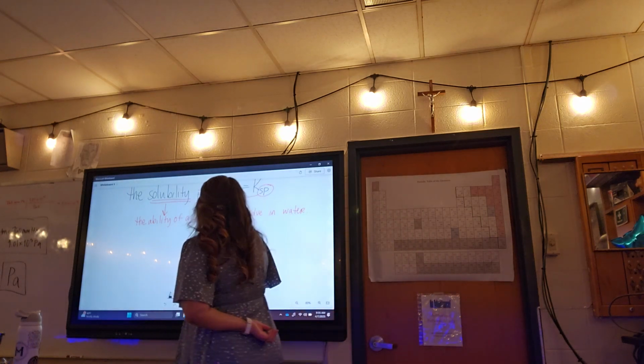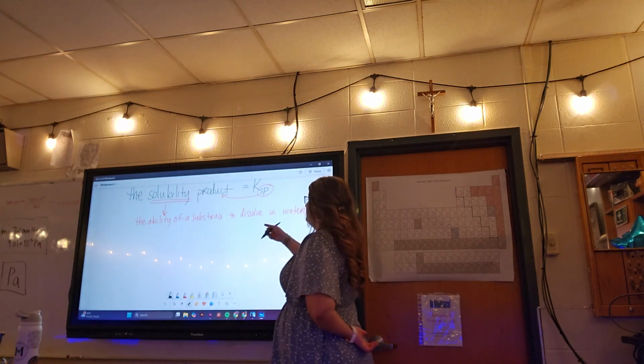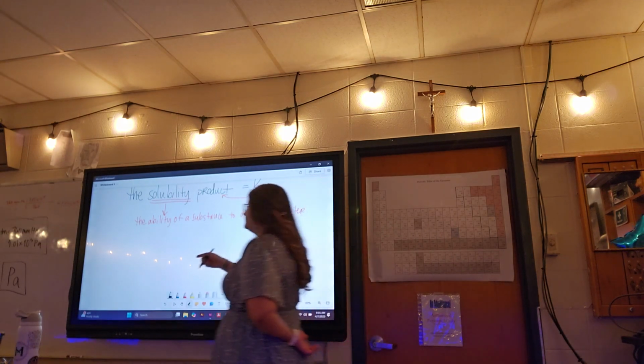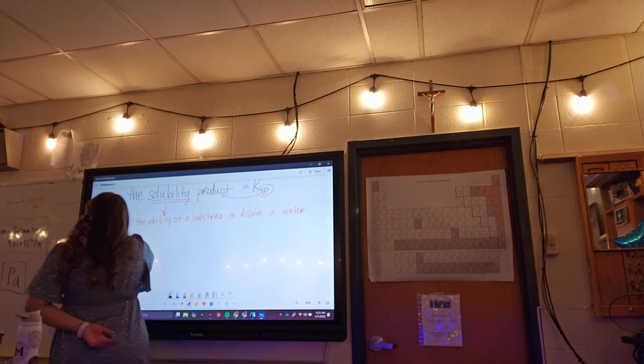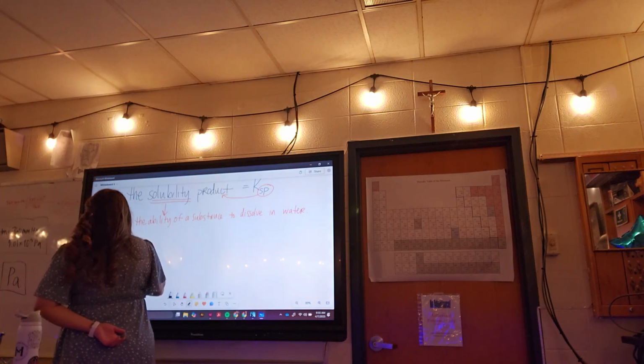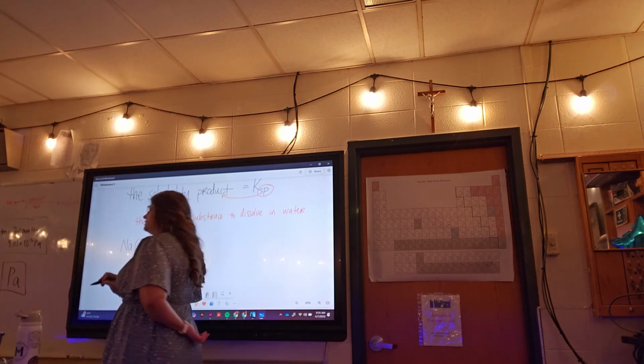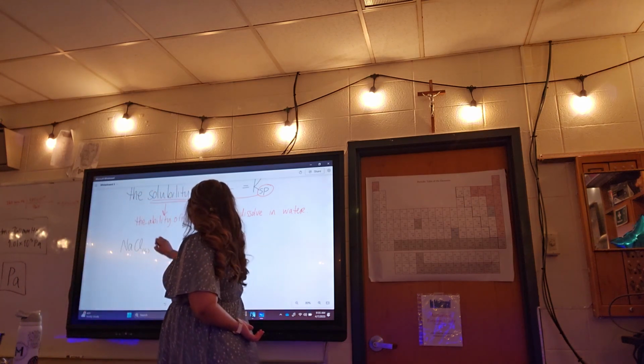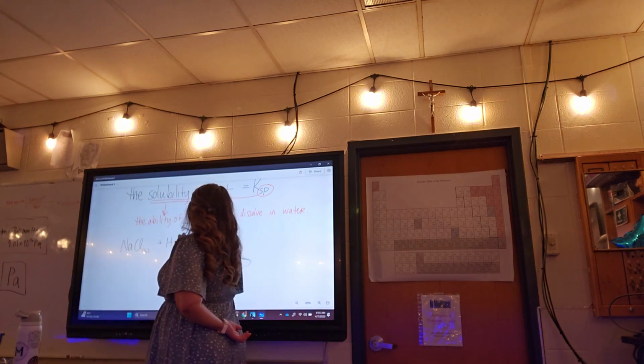Okay, so what does a chemical reaction look like then for something that dissolves in water? This is what it will look like. So let's take a solid, let's take sodium chloride, and let's add it to water.